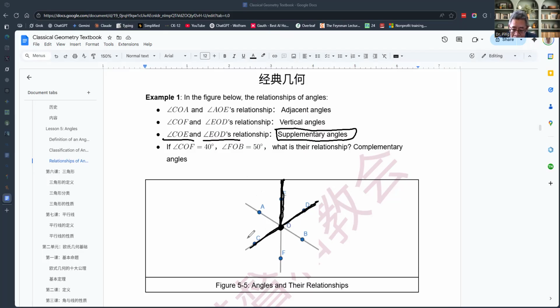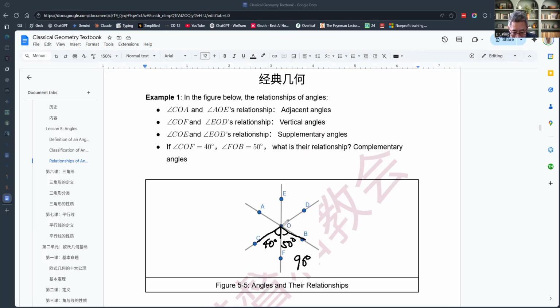Now, suppose COF, this angle, and FOB, this angle, one is 40, one is 50, added together is 90. So these two angles together make a right angle.